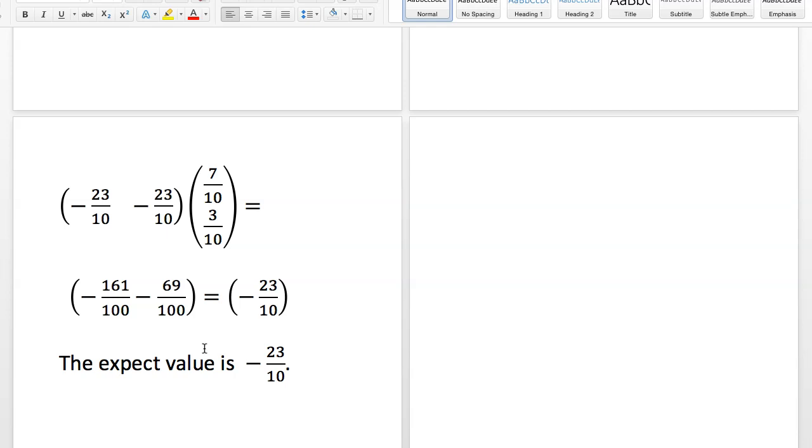That doesn't mean we can't win a game. We can win several games. We may even win a big game. But if we were to stay for a long time, we would eventually start to lose because our expected value is negative. If we were to play many games, on average we would lose $2.30 each game.